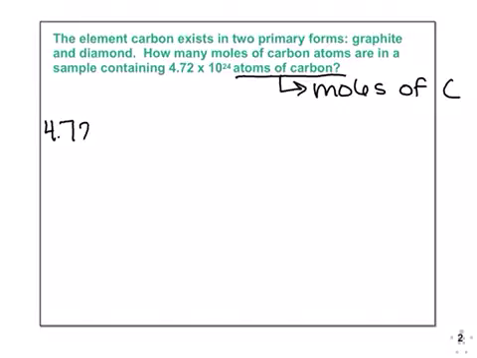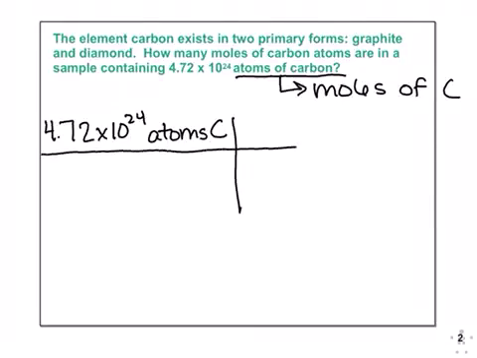So 4.72 times 10 to the 24th. This is, remember, important to make sure you label your units. Atoms of carbon. So we need atoms of carbon to cancel, so we put that on the bottom. And we want to convert that into moles of carbon.